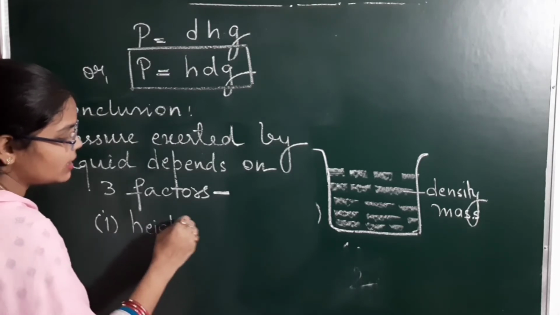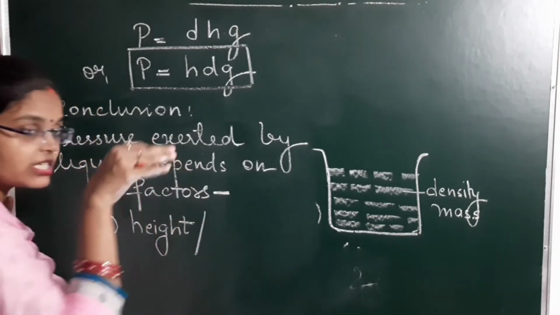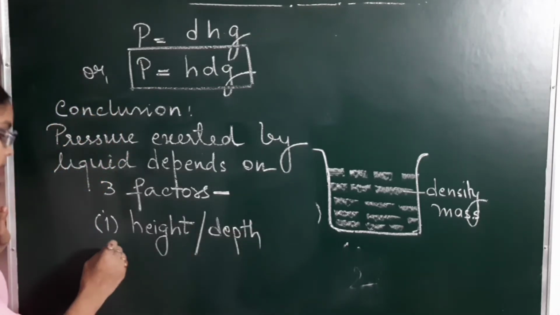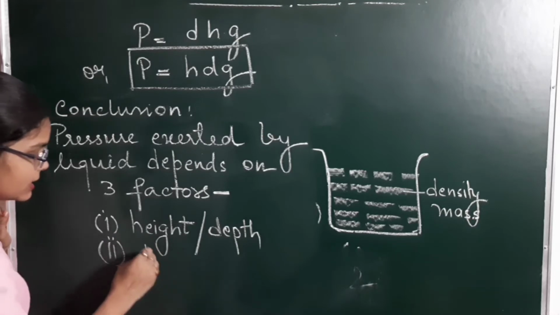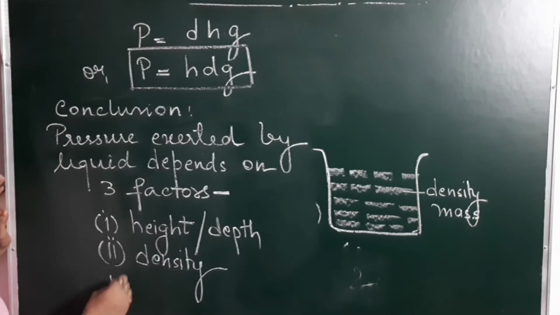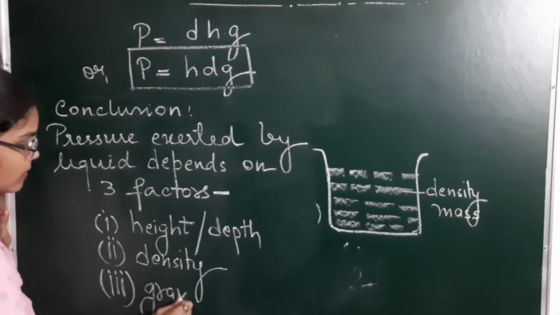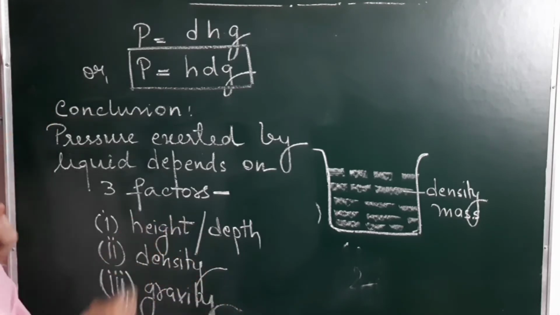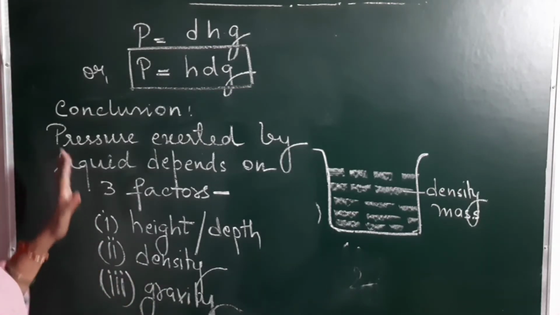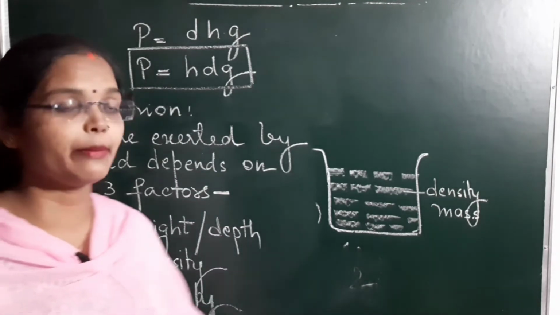In case of liquid, we generally say depth instead of height, meaning depth of the liquid. Second, density of the liquid. And third is gravity. So these are the three factors on which the pressure exerted by liquid depends.